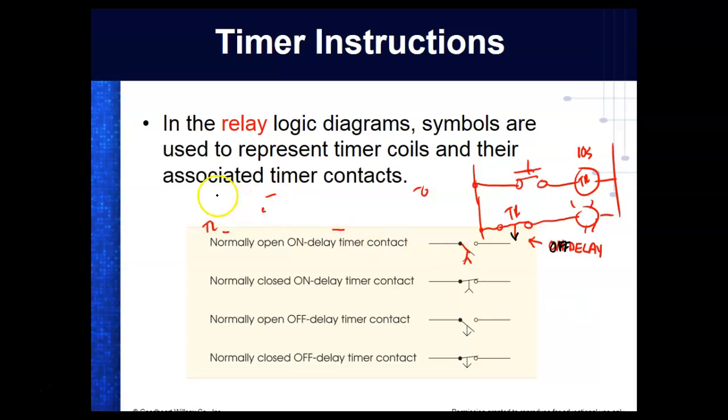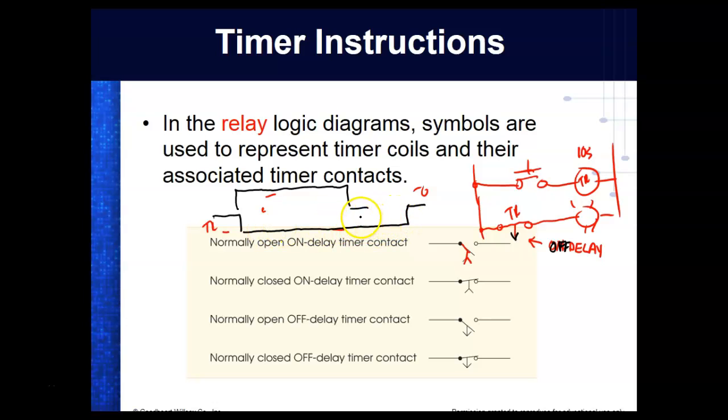So what would happen is I would come over here and energize my coil. And then this would be my contact. This is normally closed. So it would start off like this, and then it would come over here and do this, if I had my time set for 10 seconds.